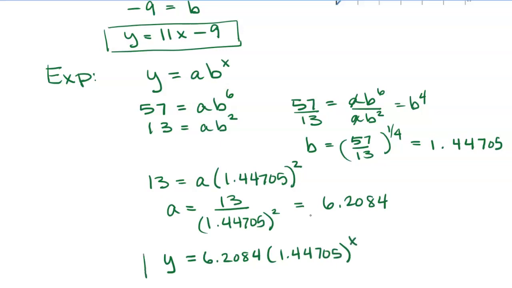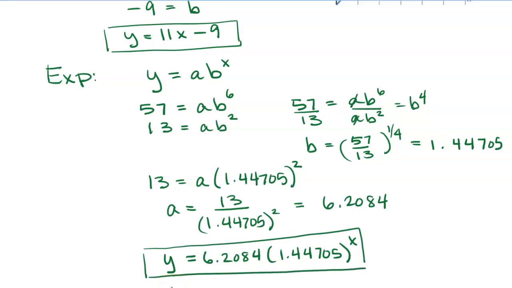And that is my exponential function that passes through those 2 points. There you go. So the key when you're solving for the parameters a and b for an exponential function is to divide. That's all I have for you for this section. I will see you in class.